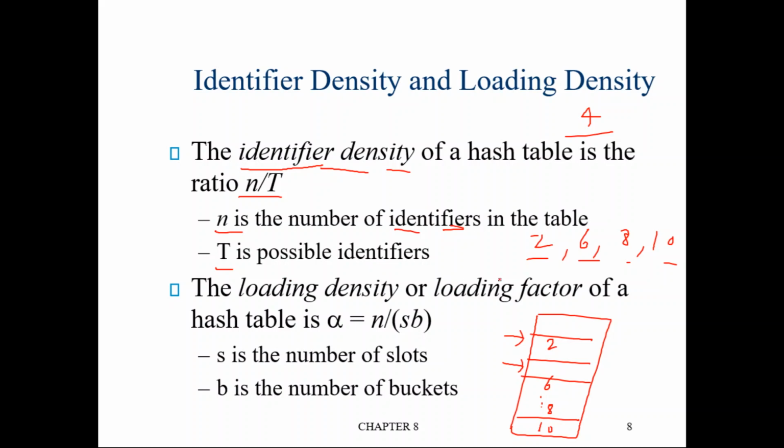Possible identifiers means, actually in this case there is no limit. It means all integers. If you are using the integer data type to represent this, then with 2 bytes the highest integer possible is 32,767.